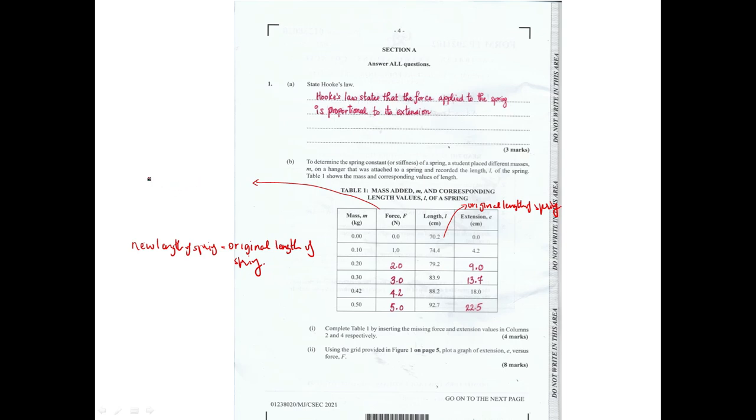So if 100 grams is equivalent to 1 Newton, then converting grams to kilograms, 0.1 kilogram is equivalent to 1 Newton. So therefore, 0.2 kilograms will be equal to 2 newtons, 0.3 kilograms, 3 newtons. So you're just moving the point back 1.